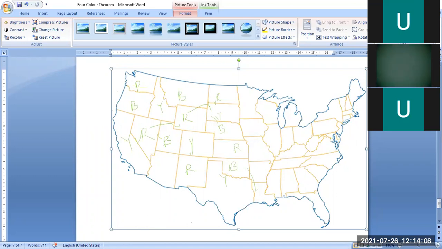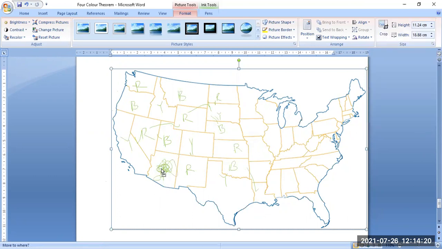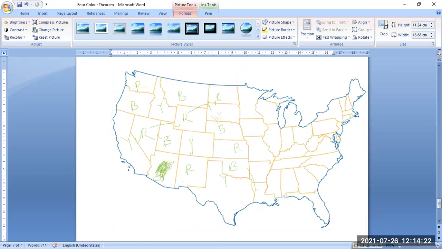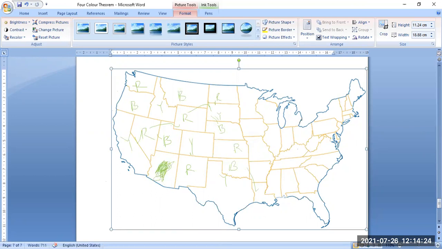So here we can make the color as no yellow, no blue, no red will be there. So we are taking the color here as green. This is the green color, this one. It is yellow. So this one also green.